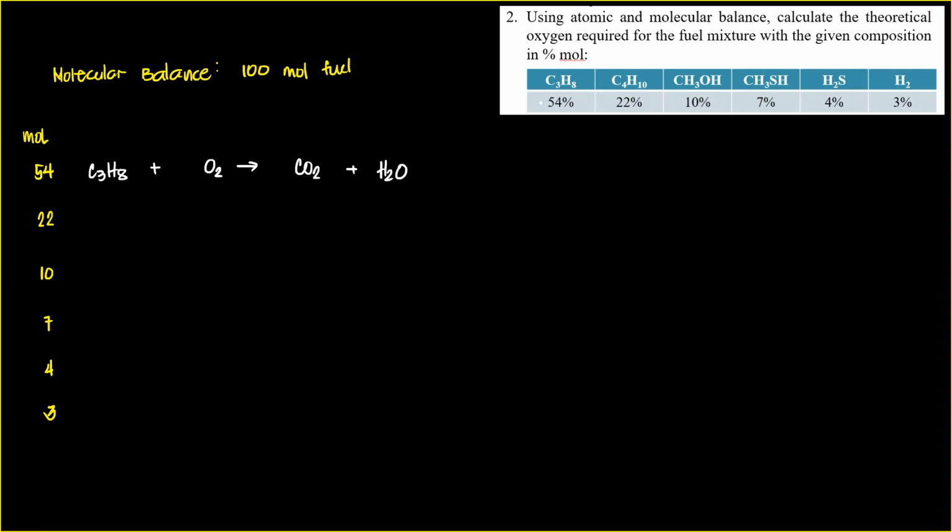Kasi di ba ang kailangan natin theoretical oxygen, guys? So since it's theoretical oxygen that we need, we don't care about the incomplete combustion, because for theoretical oxygen to be calculated, your assumption is that everything reacts completely to form carbon dioxide, water vapor, SO2.